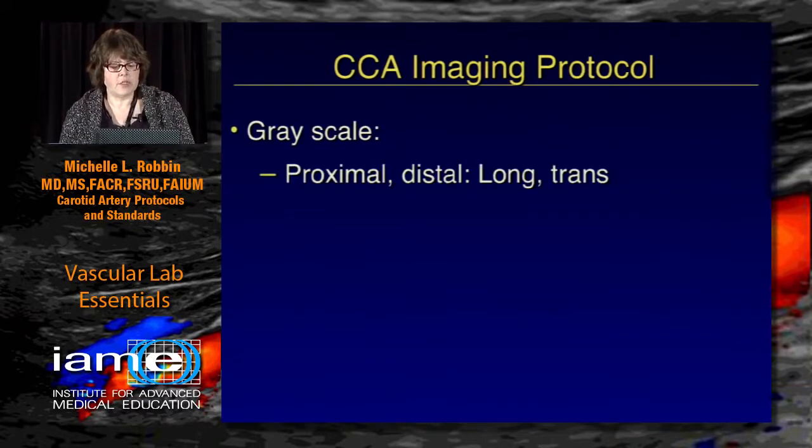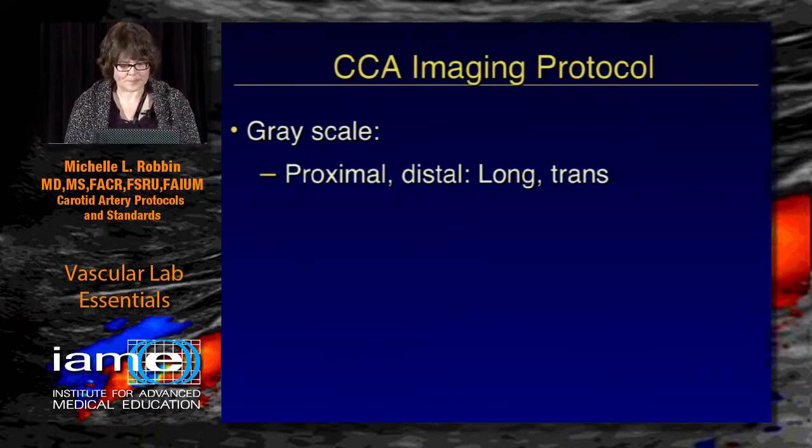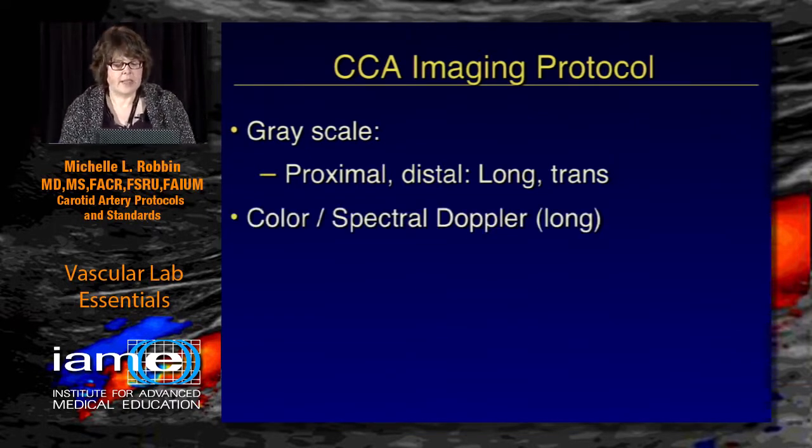So in terms of the imaging protocol for the grayscale, you should do proximal and distal common carotid artery, both in the long and the trans. And when you take those images, the mid common carotid artery will come for free. And then you need to evaluate those with color and spectral Doppler in the longitudinal plane.